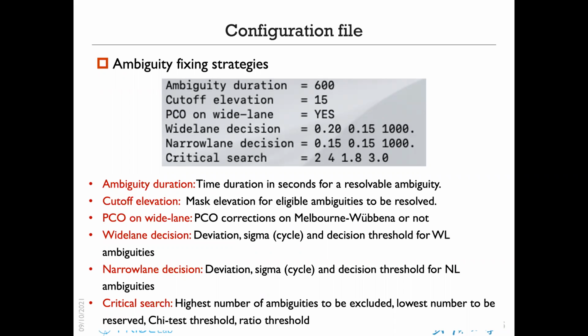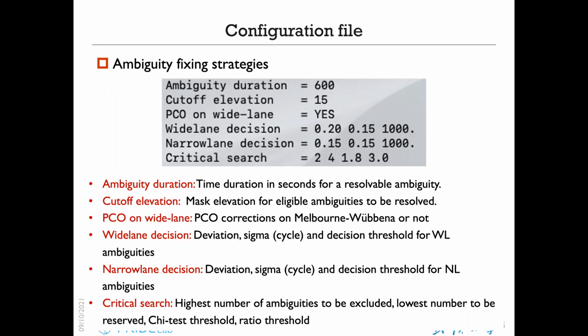So the PCO correction on the Melbourne-Wubbena is an option that is useful when you want to use some other AC's products for ambiguity fixing, because their strategies for phase bias estimation may be different from ours. So then you need to turn this option on or off to be compatible with their products.